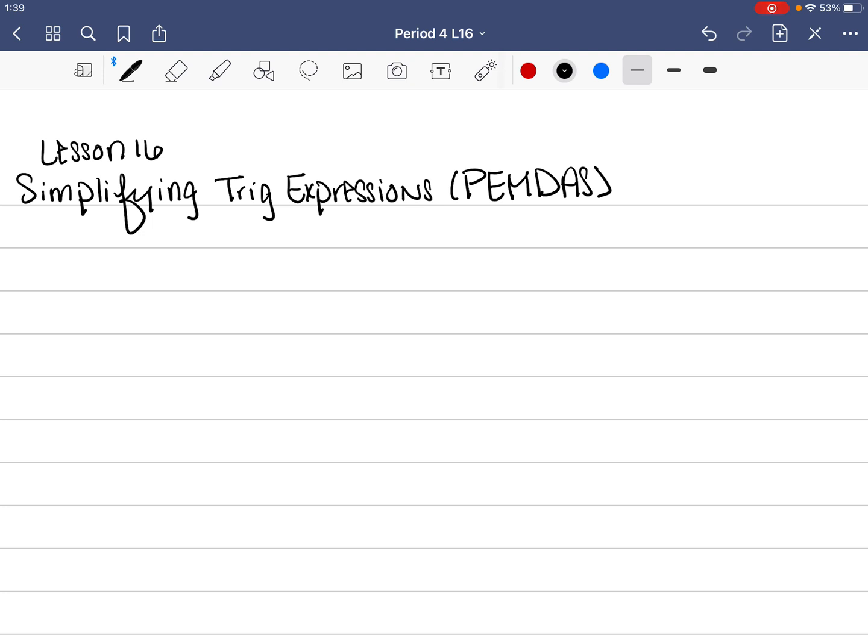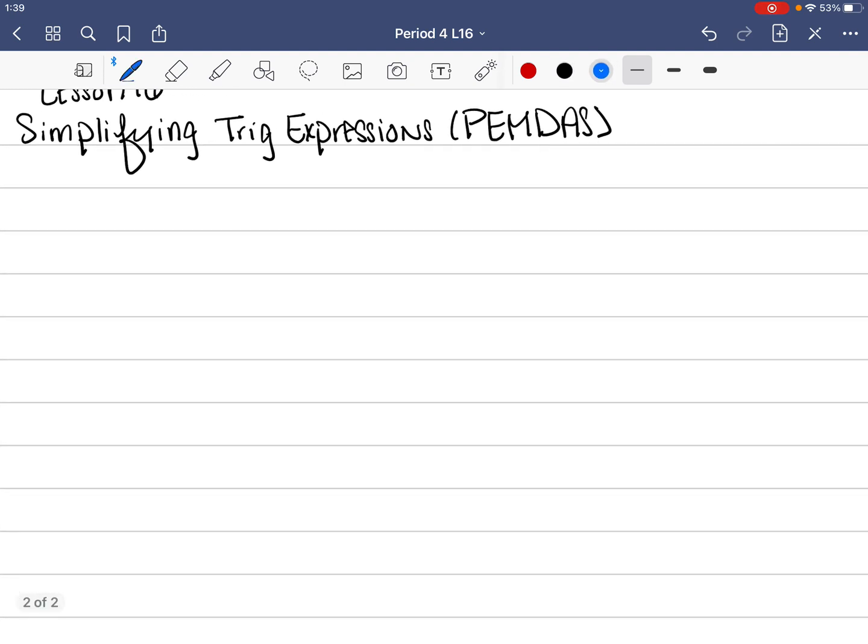So just a quick review of PEMDAS, right? Everybody calls it PEMDAS. It's also known as the order of operations. It's something that mathematicians just agreed to. We all agreed to simplify expressions and equations in this format. Your P stands for parentheses.